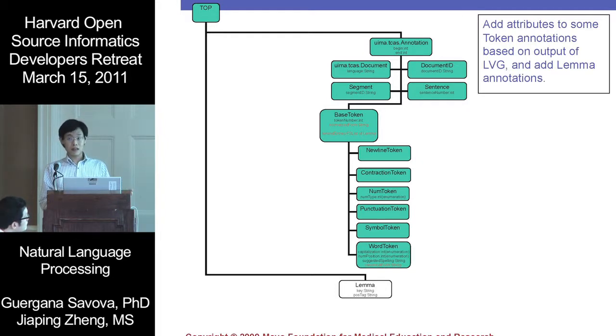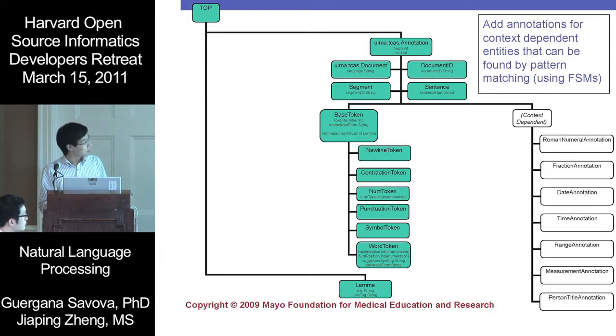Like it will recognize went is the past tense of go. And then the context-dependent tokenizer will group several base tokens into a more meaningful token. A particular example is a date annotation. If you have 3/14/2011, you will have 4 or 5 base tokens, but the context-dependent tokenizer will recognize that those 4 or 5 tokens form a date annotation.